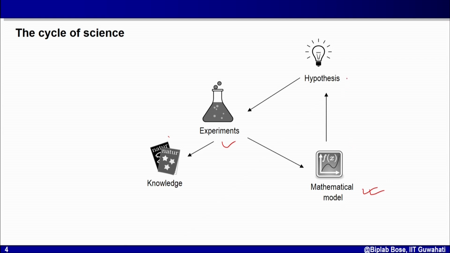That mathematical model helps you to make new hypotheses, and from this hypothesis, again you go back to your experiments. So this cycle goes on with experiment, mathematical model, hypothesis building, and again experiments, and in this way we develop new knowledge. So essentially what I want to say is that mathematical models are actually a complement to your experiment.